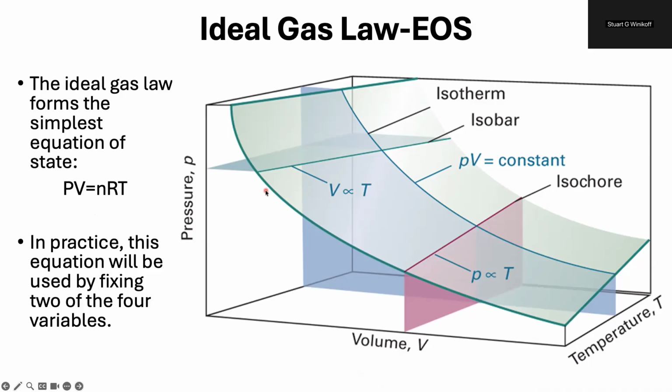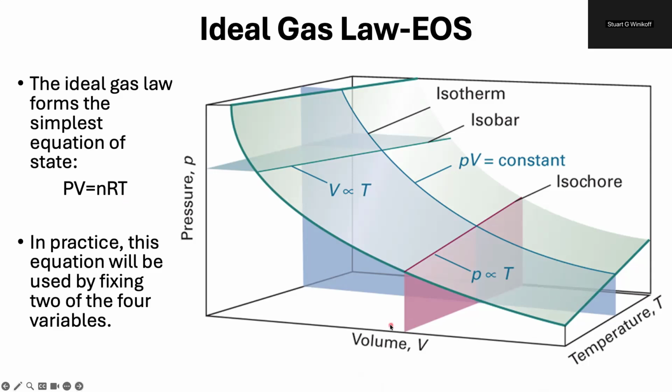If I keep pressure fixed, this is called isobaric conditions, and the equation that results from this is called an isobar. So in the isobar, you'll notice we derived an equation with a direct relationship of volume and temperature. Congratulations, this is Charles' law. Now we can repeat this for fixing the other variables in turn. So if I fix volume, I have a direct relationship between pressure and temperature.